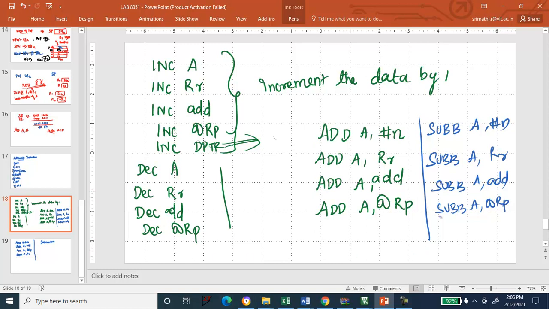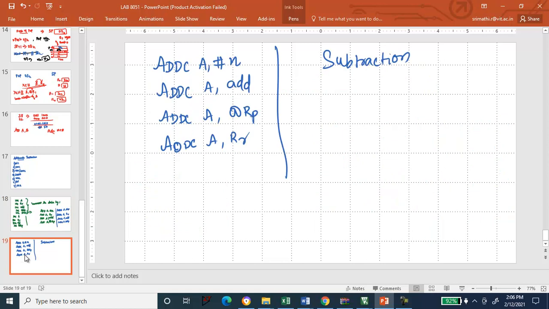These are the instructions. Like add with carry, there is no separate subtract with borrow instruction. We have only the SUBB instruction.